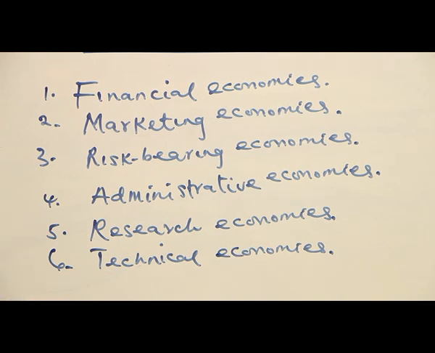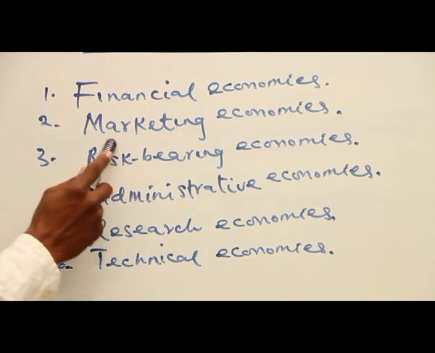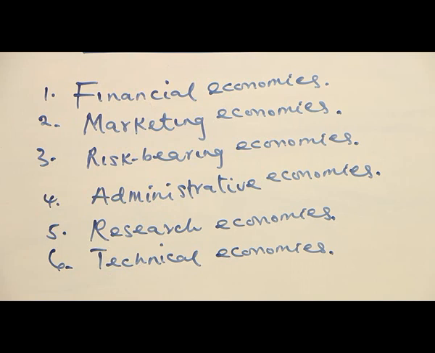We call it internal diseconomy of scale, because the firm could not have access to funds, not only that, could not get funds at a cheaper interest rate, or buy bulk materials. Number 2, marketing economies. Marketing economies of scale is an advantage to a firm, that is, an internal economy of scale.